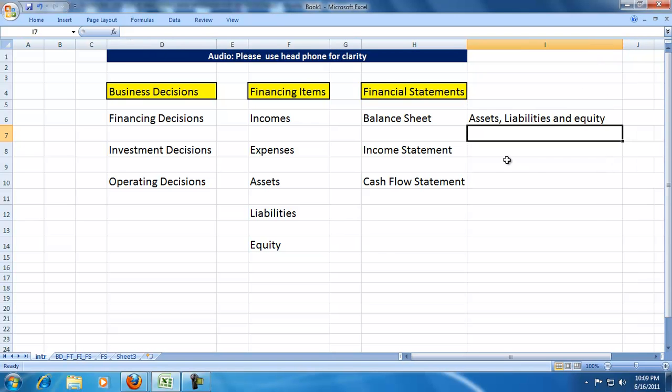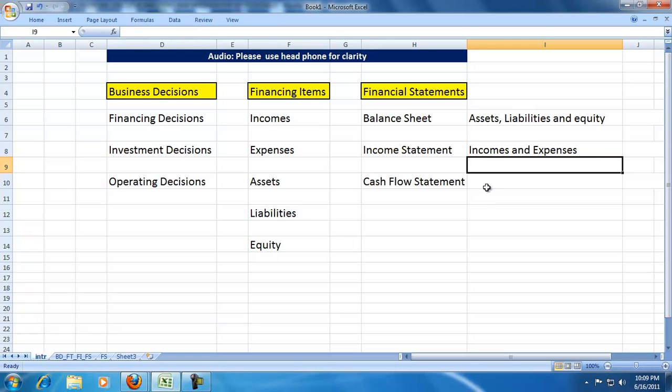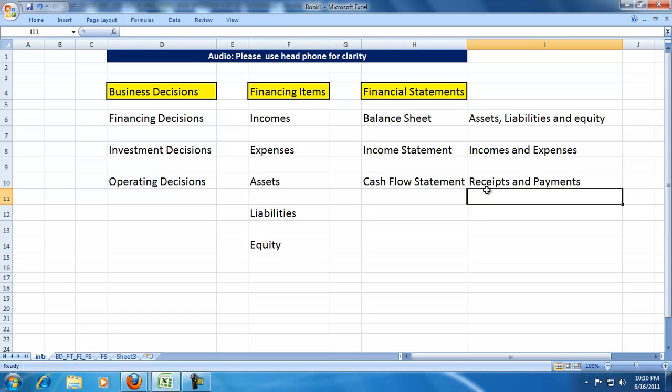The income statement will show incomes and expenses, and the cash flow will show the receipts and payments. So therefore, all these business decisions will find a place in the balance sheet, income statement, and cash flow statement in the form of financial items.